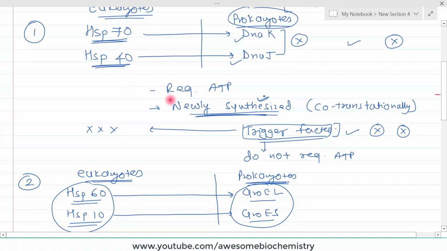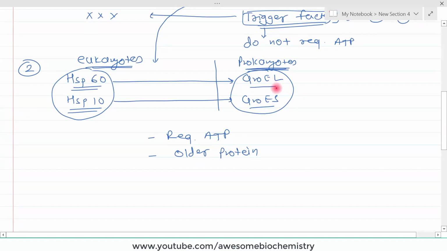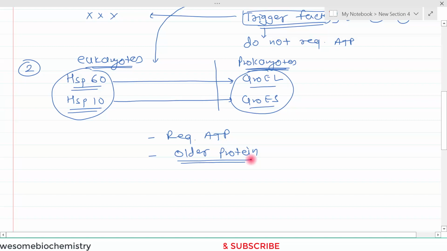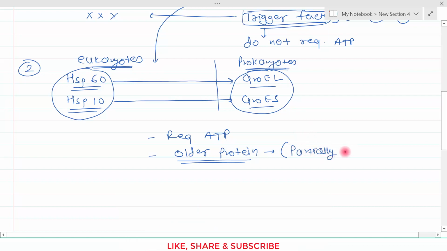If a particular protein is partially folded, then it is handed over to this system, HSP60 and HSP10 in case of eukaryotes, and GroEL and GroES in case of prokaryotes. So now on this older protein, this system works and brings about proper folding. Mostly these older proteins are either partially folded or sometimes misfolded. So this is well handled by this system, right?